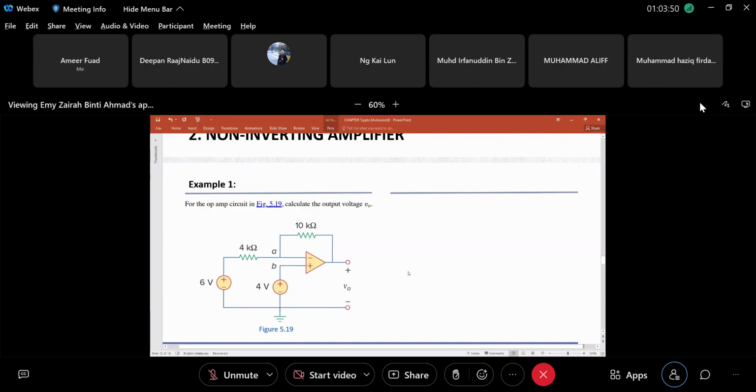We may solve this in two ways, but we don't use superposition because we haven't learned it. We solve this using nodal analysis, which is where we apply KCL at node A.